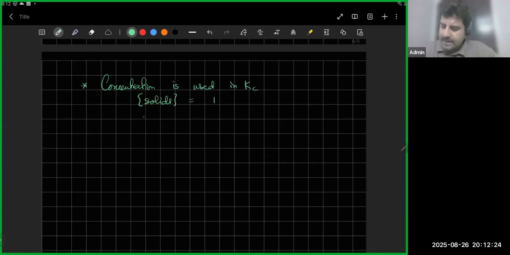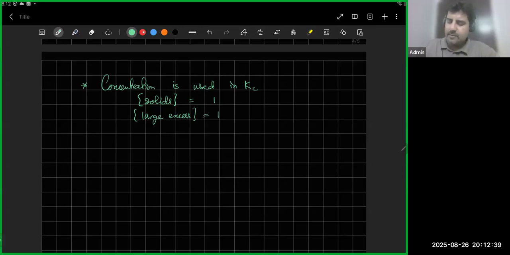And if something is in large excess, that means if you add too much of something, its concentration would also be considered to be constant.